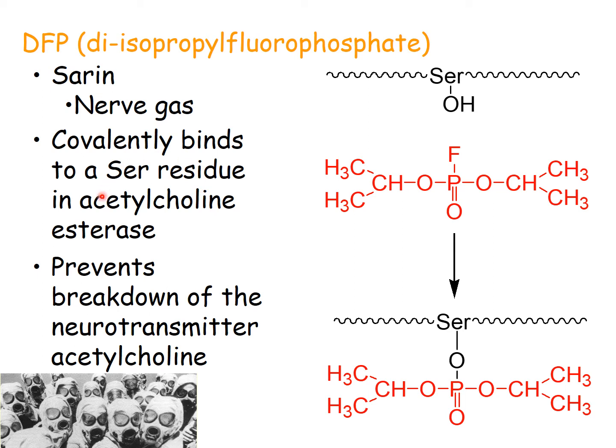When this enzyme can no longer function, it prevents the breakdown of the neurotransmitter acetylcholine, and you will lose control of your whole body muscle, including the muscles for your lungs to breathe, in a matter of a few minutes. Normally the victims will die in about 1 to 10 minutes due to sarin gas poisoning.